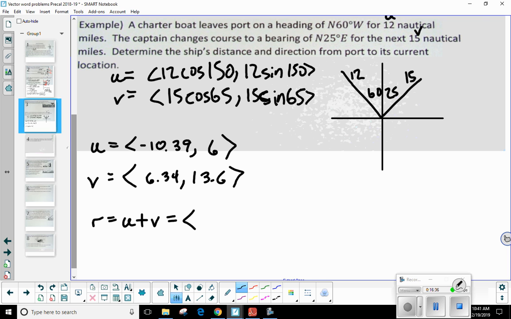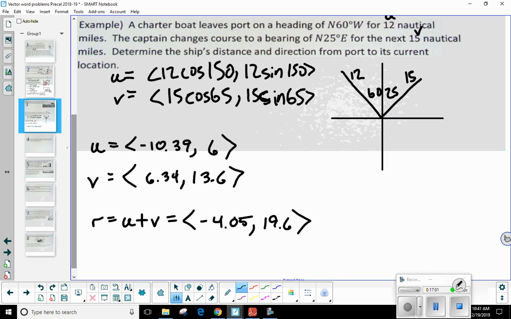For the first one, I'm getting negative 4.05. And then now I want 6 plus 13.6. That one's easy enough. 19.6. So is everybody okay with that being the component form?